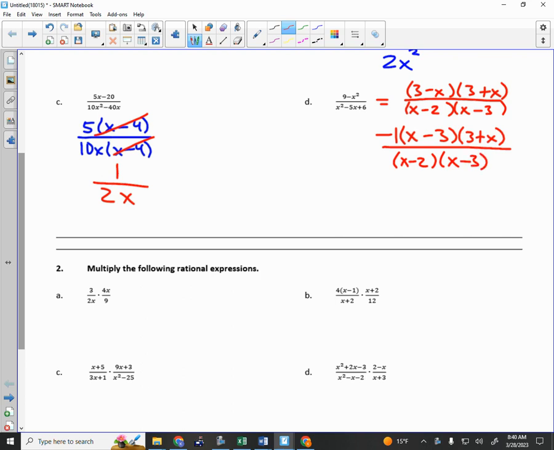So if they look identical as subtraction, they're just flipped around, you can factor out a negative 1, and then they are now the same. So now the x minus 3 and the x minus 3 do reduce to 1. And I have a negative quantity, 3 plus x over x minus 2.